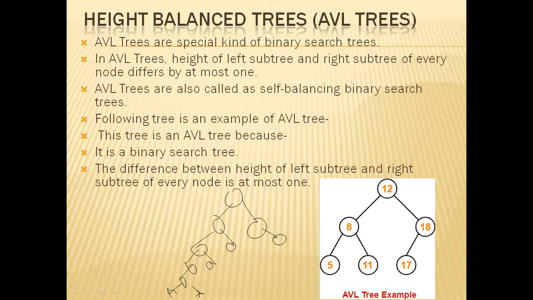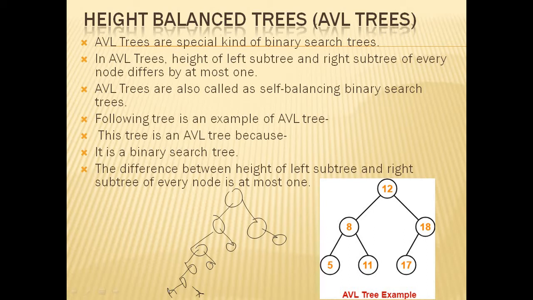Here what is happening is it balances its height. So you are not supposed to grow on one side. You need to grow on both sides. How is it possible?